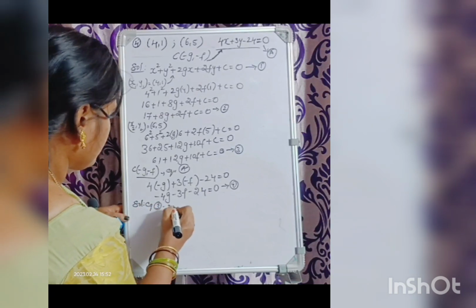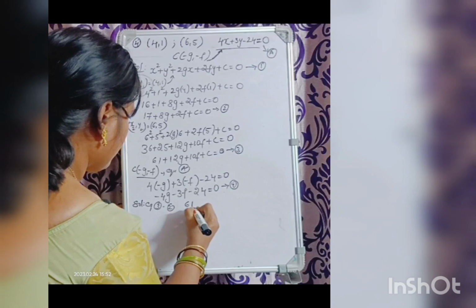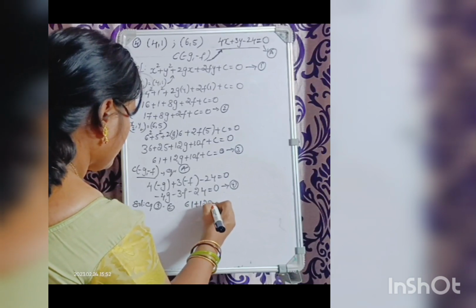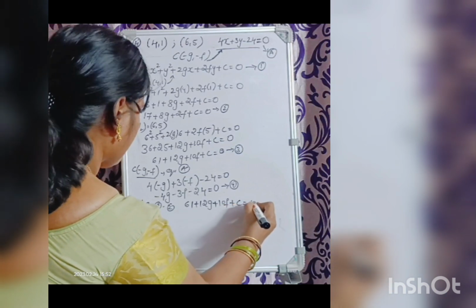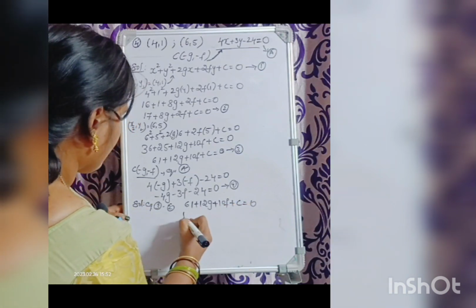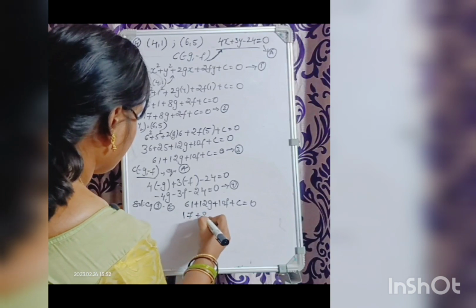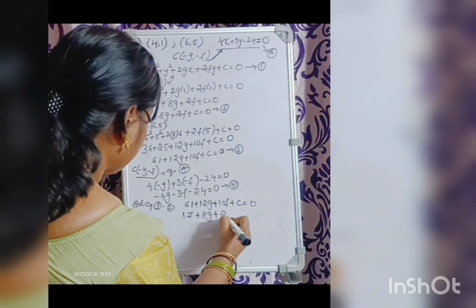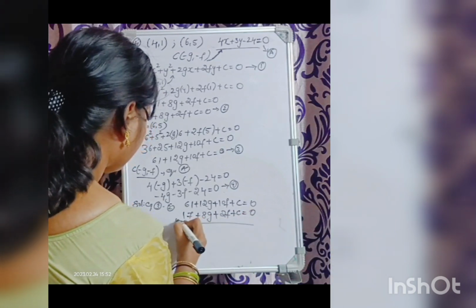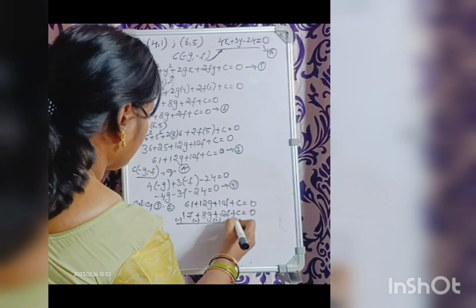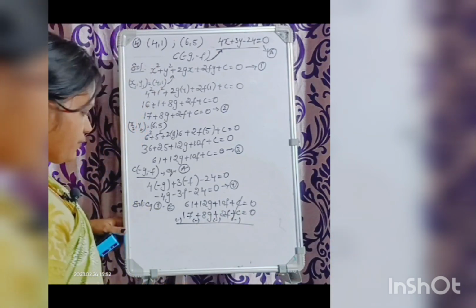Equation 3 minus equation 2, which gives 61 plus 12g plus 10f plus c is equal to 0 and 17 plus 8g plus 2f plus c is equal to 0. Using the simultaneous equation method, c will get cancelled.